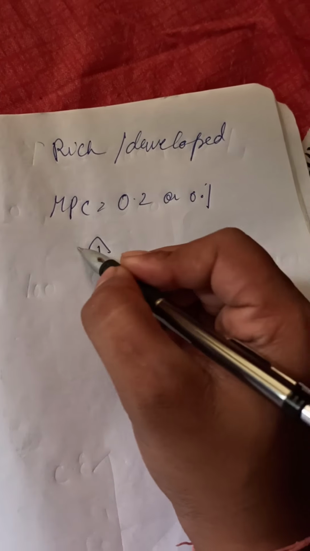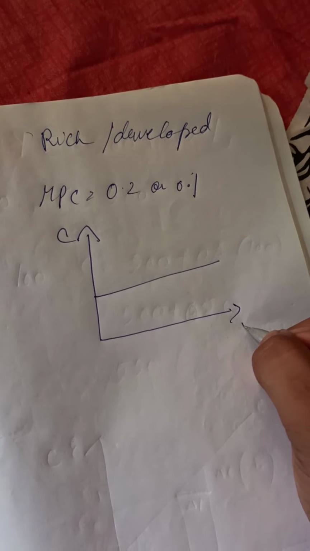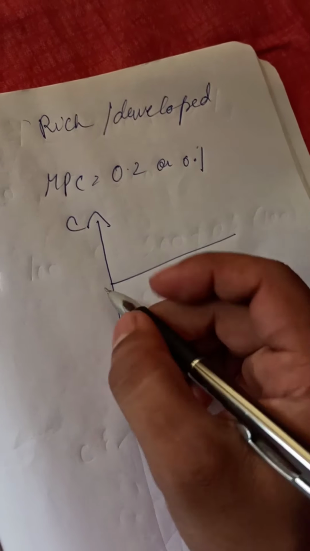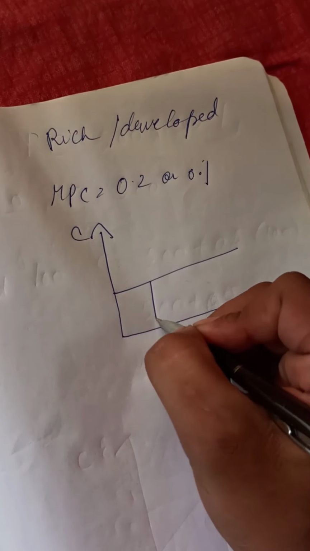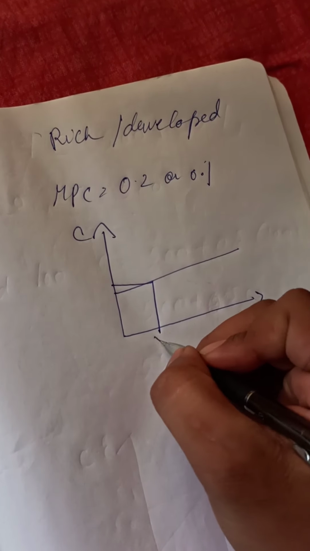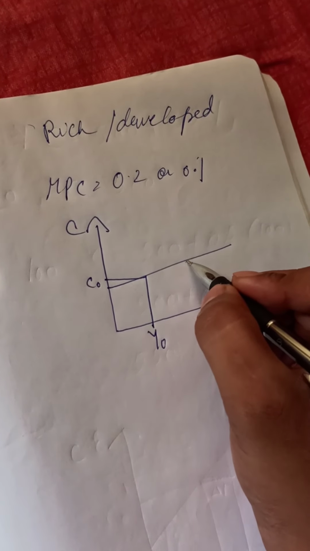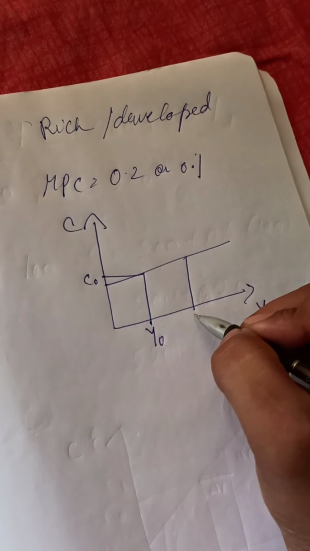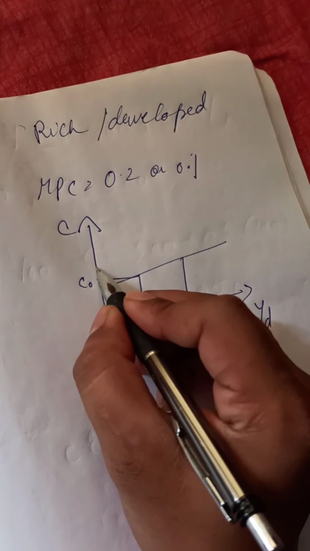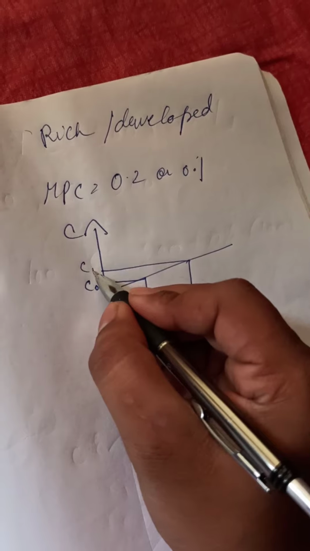Now what does this flatter consumption function mean? If their income increases, say your income is Y0, you are consuming C0. If your income increases to Y1, your consumption increases, but by a very little amount.